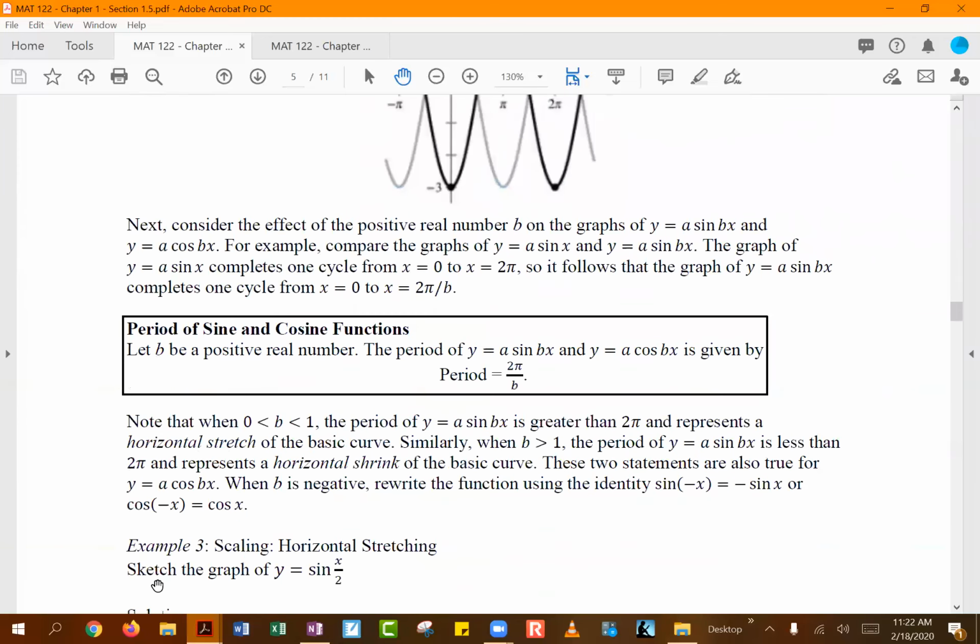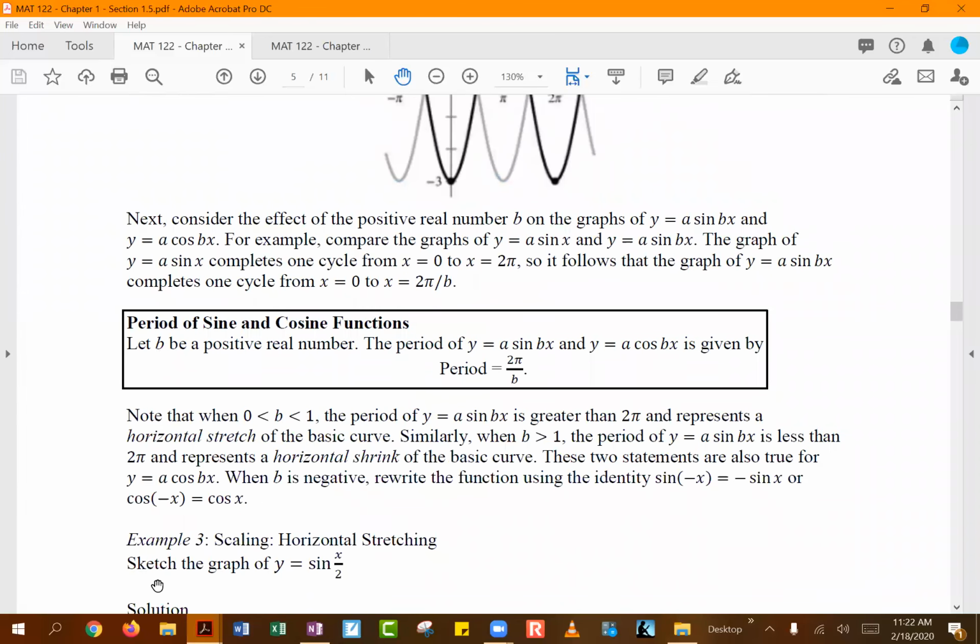The next thing we are looking at is the period of the sine and cosine function. So if you have this constant value of b, in the form of sine of bx, cosine of bx, right? It's the b variable that gets multiplied by this positive real number.